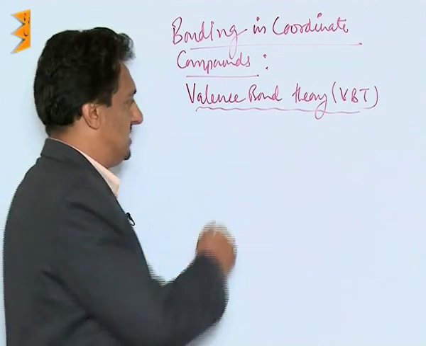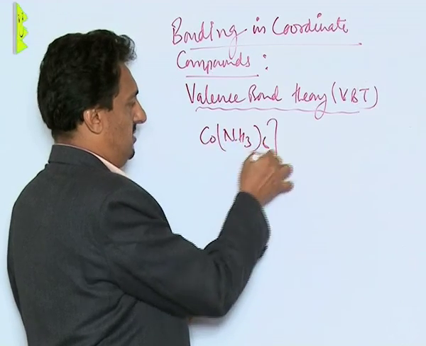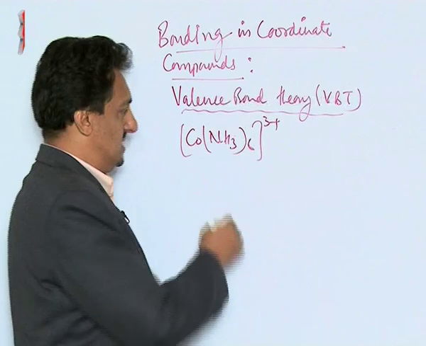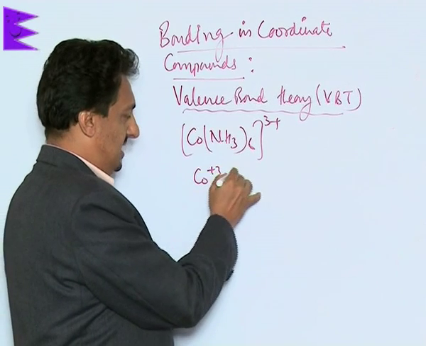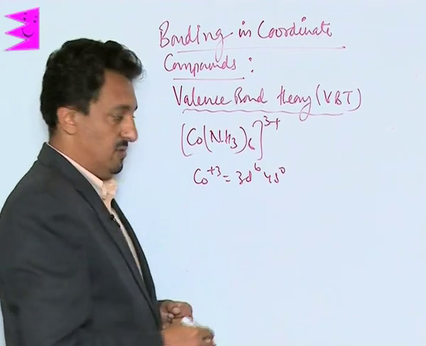Now let me explain this by taking the example of hexaamminecobalt(III). In this case, cobalt is in the 3+ state, so it is in 3d6 4s0 configuration.